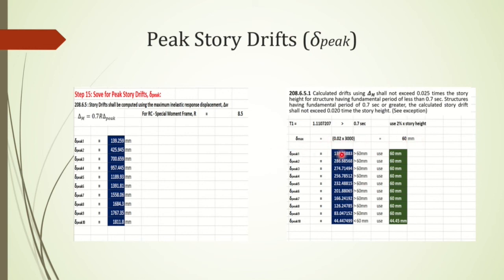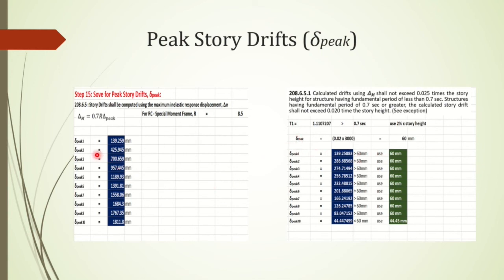So, once we solve this, yung peak story drift natin, nakikita natin na once we retain this 139.259, then 425.945 minus 139 is equal to 286.69, which is greater than 60 mm, which means we will use this 60 mm kasi nag-exceed po siya sa value ng ating maximum.